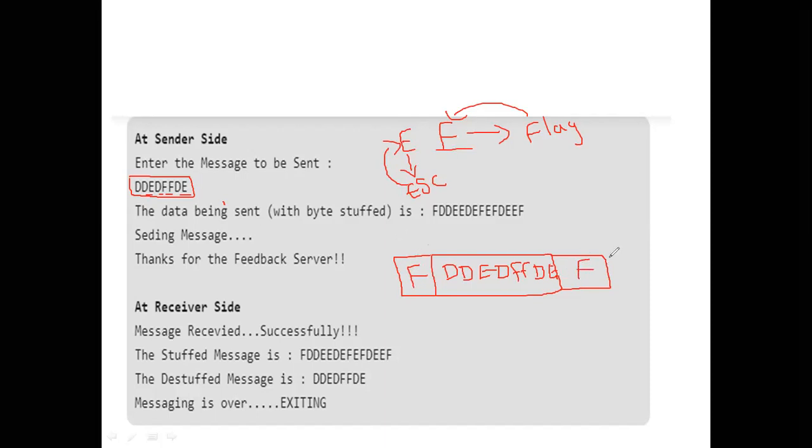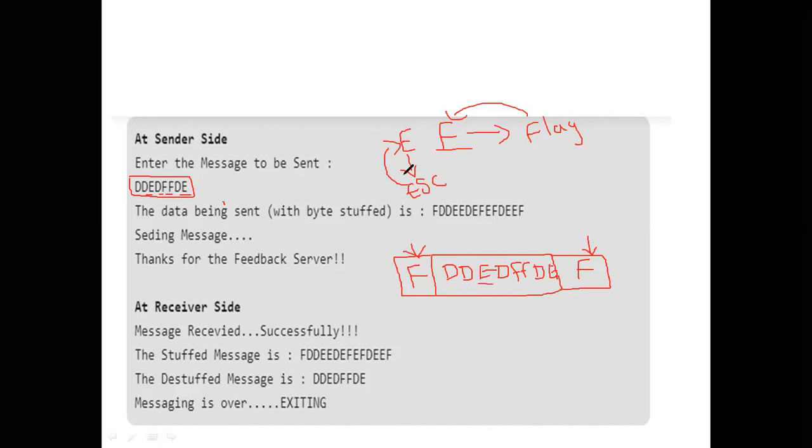These two flags represent the starting of the frame and the ending of the frame. In this example, F is the starting delimiter, and this is the ending delimiter. So this is the data we need. E is the escape character.